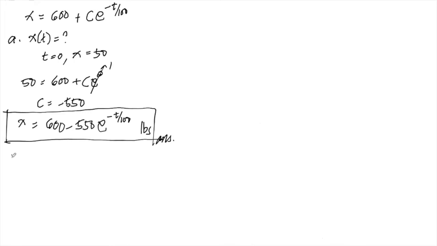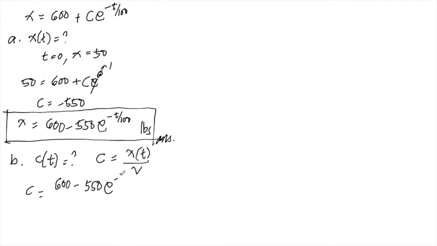Now, letter B, you are asked to solve for the concentration at any time t. And you know the formula of concentration is equal to the amount at any time t over the volume. So you write here, c as a function of t is equal to 600 minus 550 times e raised to negative t over 100 all over the volume, which is, going back here, the volume is 300 gallons. So 300.